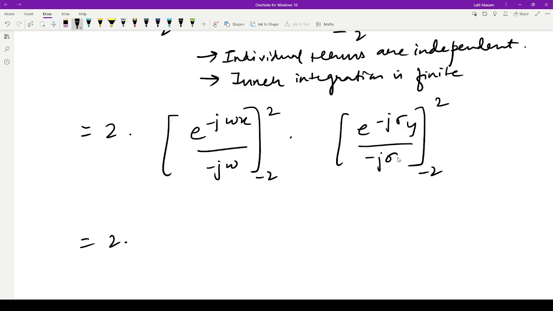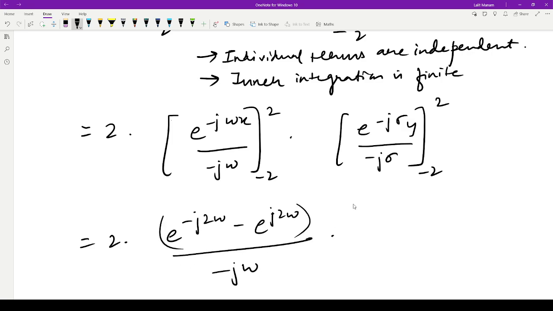It's minus j sigma. Given this, I'll place the values: e to the power minus j 2 omega minus e to the power j 2 omega, upon j omega.